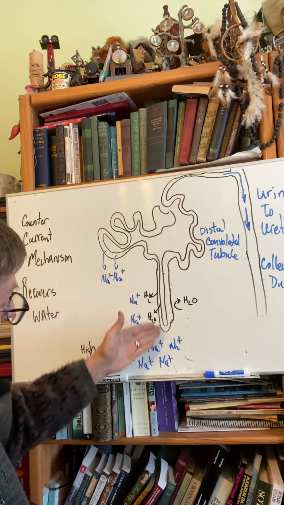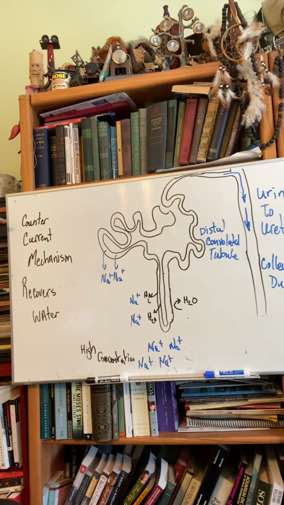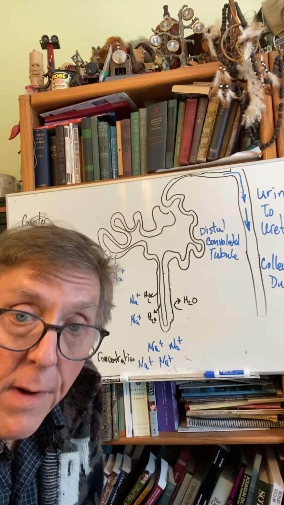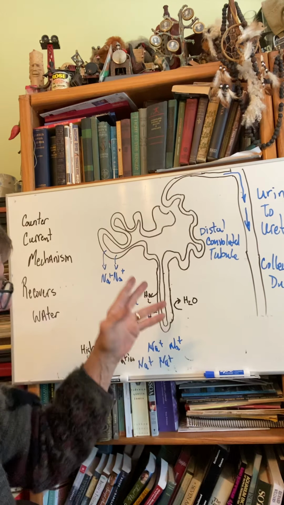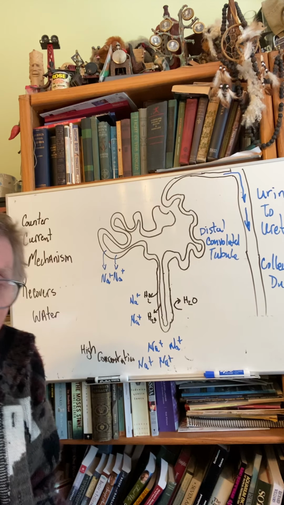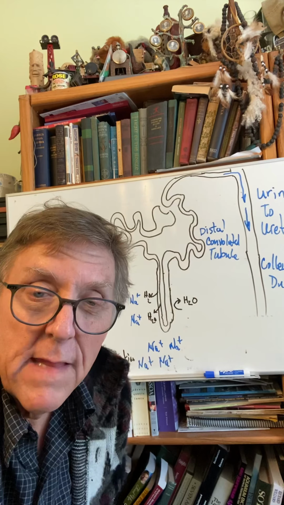So what we call the countercurrent mechanism is what is going to recover water, and this occurs in the loop of the nephron. Now we have some other mechanisms for recovering water.